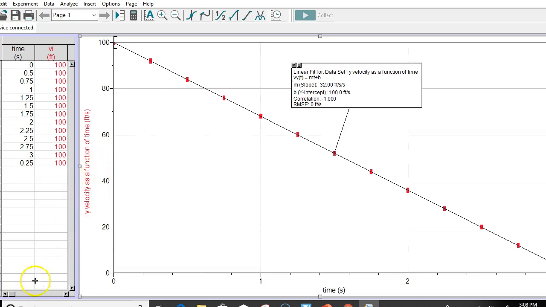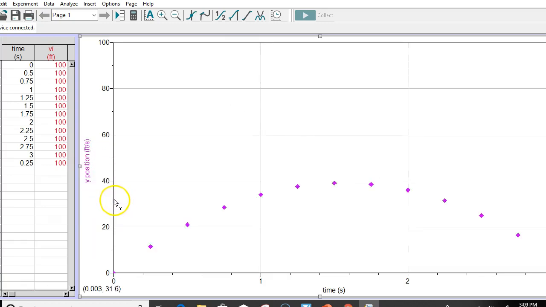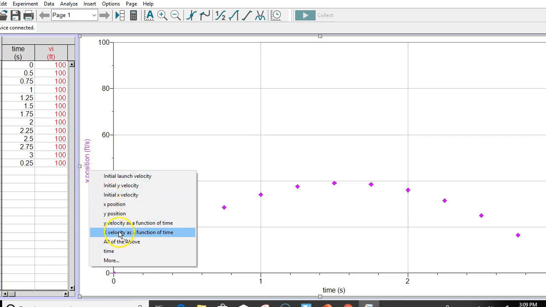Now let's look at position on the y-axis versus time. You can see that the position versus time graph is a curve. There we are.